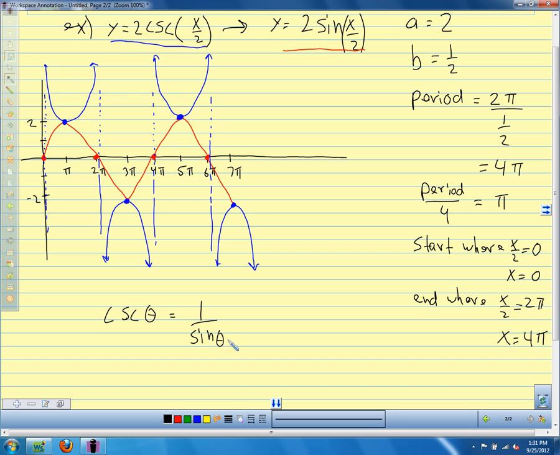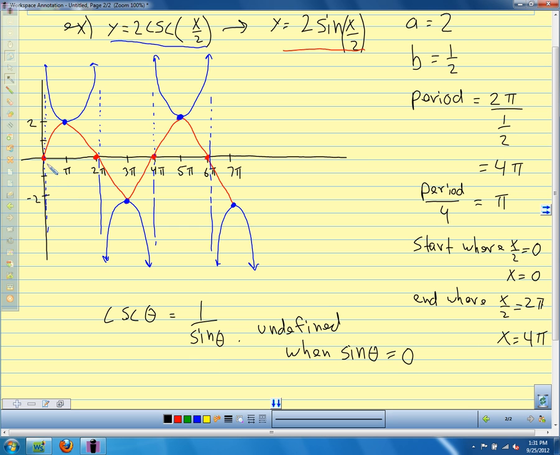So the question was, how do we know that we draw an asymptote everywhere that this crosses the x-axis? So the cosecant of theta is going to be undefined anytime I divide by 0, because it's a reciprocal. So this is undefined when sine theta equals 0. That turns this fraction into 1 over 0, so that's undefined.